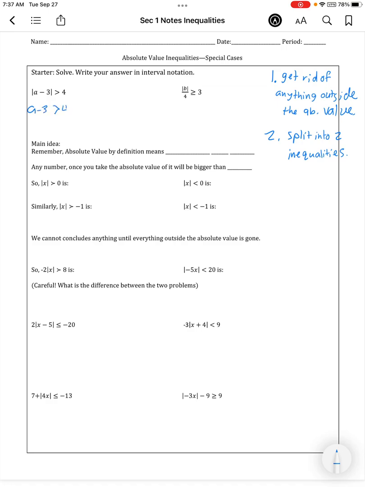One is a - 3 is bigger than 4. The other one is going to be a - 3, we switch the sign, negative 4. We have to switch the direction of the inequality as well. So one positive, one negative, and we flip the sign.